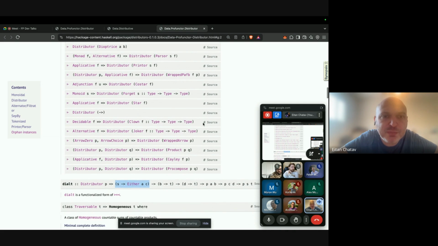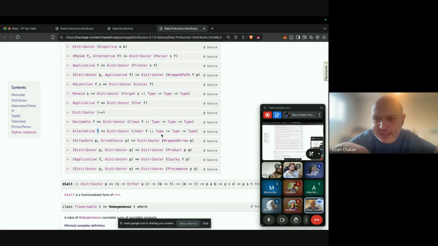Some other examples. If we have an adjunction between F and U, then costar of F is a distributor. If we have an applicative F, then star of F is a distributor. So notice that the F doesn't have to be alternative. It can just be applicative. On the other hand, if F is alternative, then we can promote it.